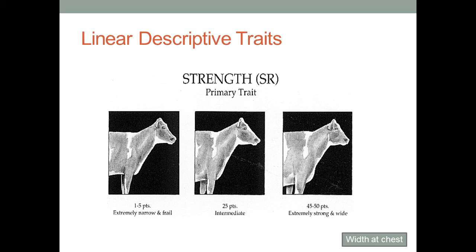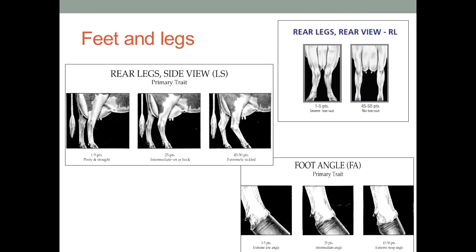This scores the width of the chest floor. It is a trait where 50 is the extreme strong and wide, and so perceived as positive, and cows that are extremely narrow and frail are perceived as negative.